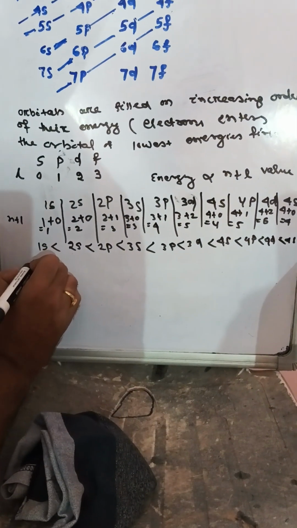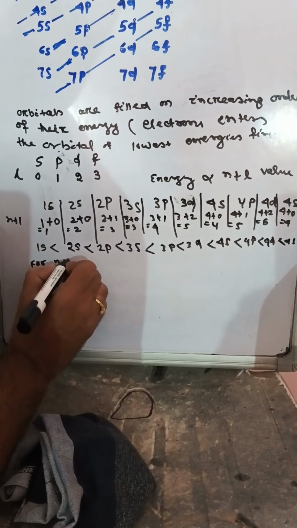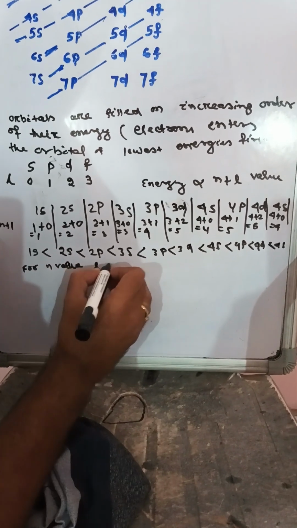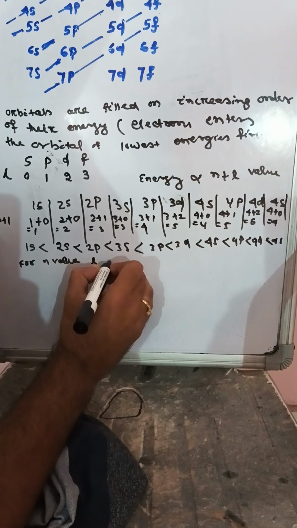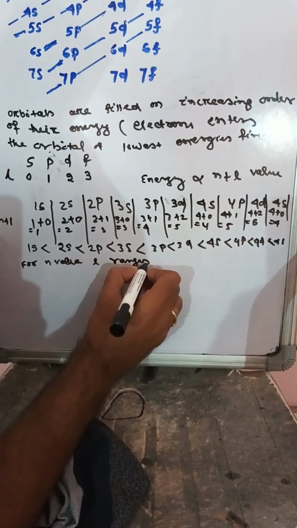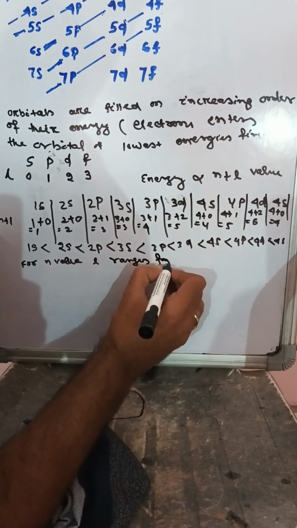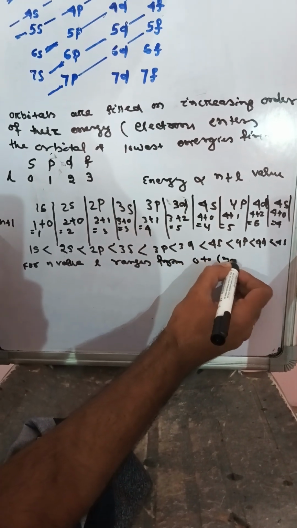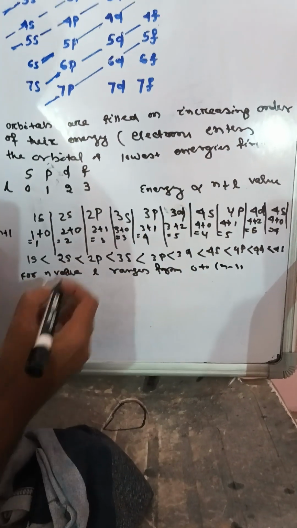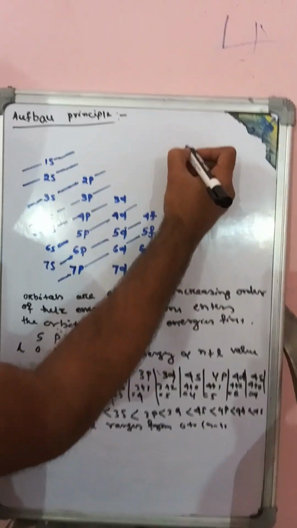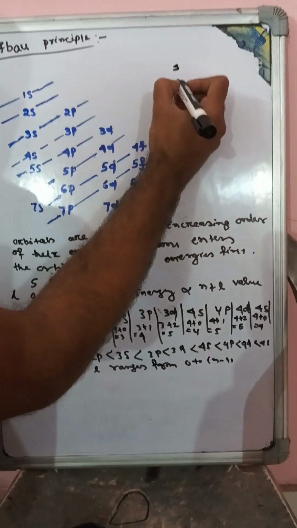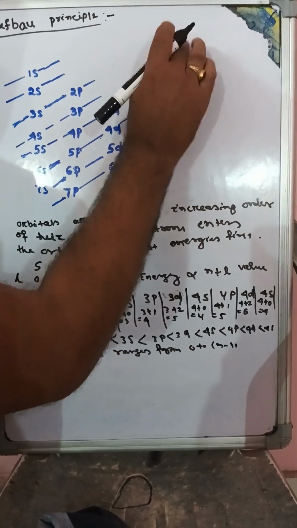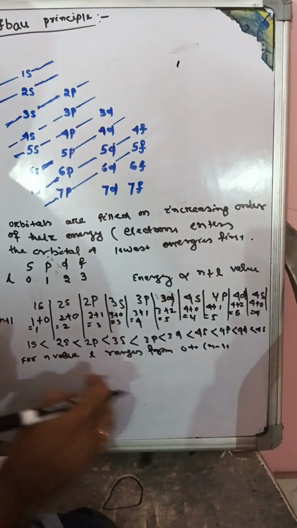For n value, l ranges from 0 to n minus 1. Okay, so how we write n minus 1 as s, p, d, f, we can write here.